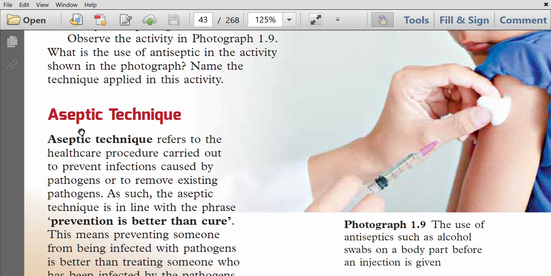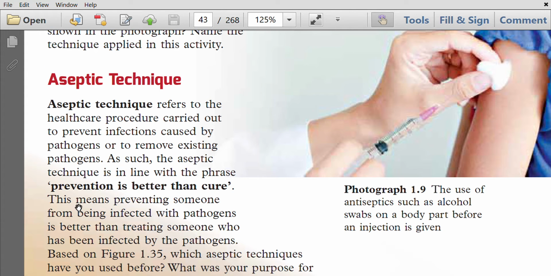Let's look into what is aseptic technique. Aseptic technique refers to the healthcare procedure carried out to prevent infections caused by pathogens or to remove existing pathogens.